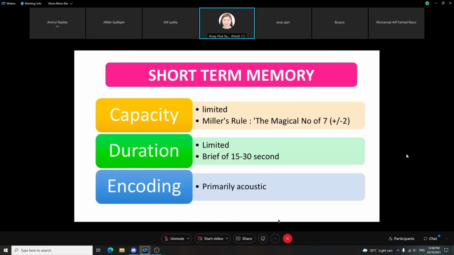Some people are able to remember 7 different phone numbers, and some people are only able to remember 7 digits at a time, for instance, and it differs by how we store them as well. The duration is limited, a brief 15 to 30 seconds. And encoding is primarily acoustic.